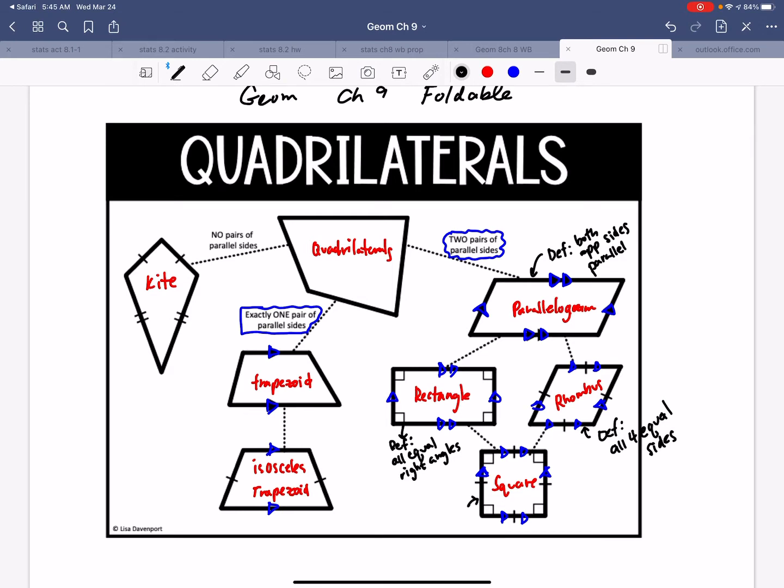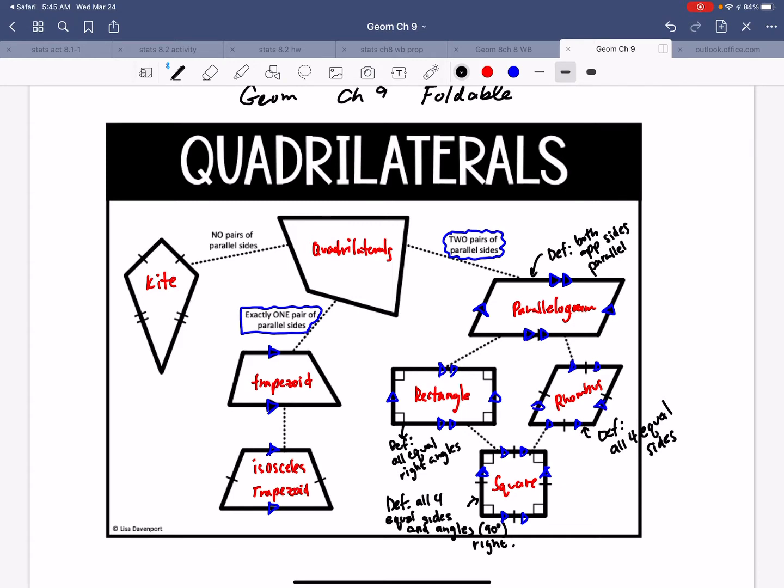So our square by definition would be all four equal sides and angles, which would require them to all be right angles. All right, so we pretty much took care of the parallelogram family.